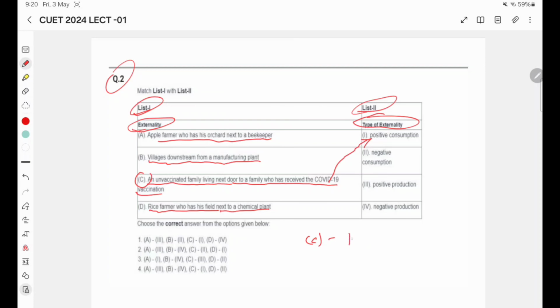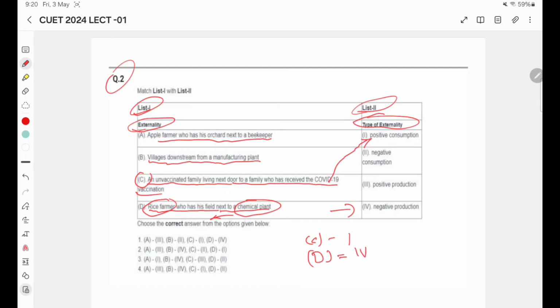C is I, and the rice farmer who has his field next to the chemical plant. If there is a chemical plant and near there is a rice or paddy farm, what will happen? That will negatively impact, pollute, or hamper the rice farmer. So there is a negative production externality. So option D is IV.